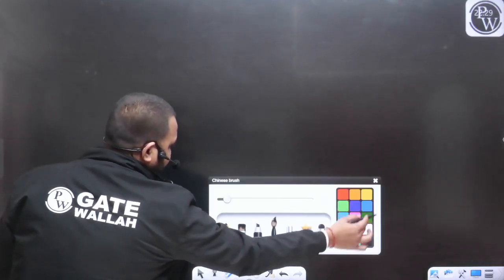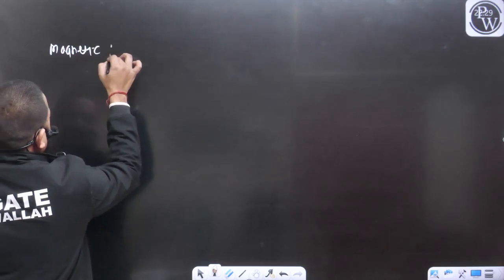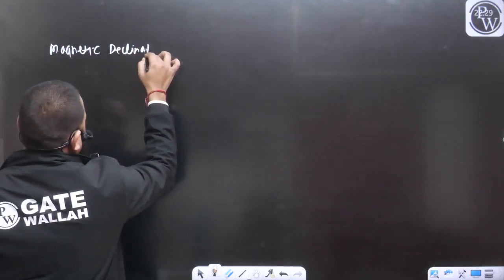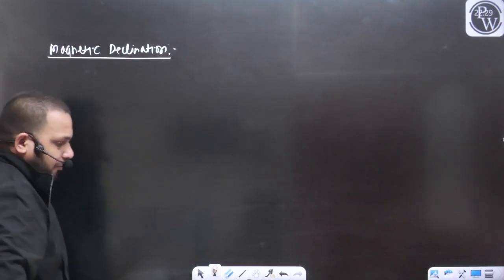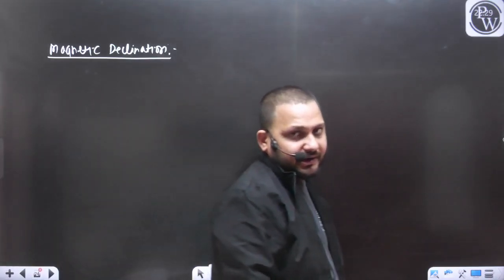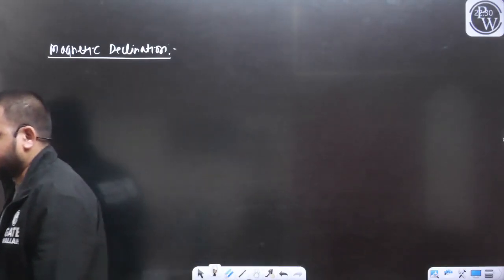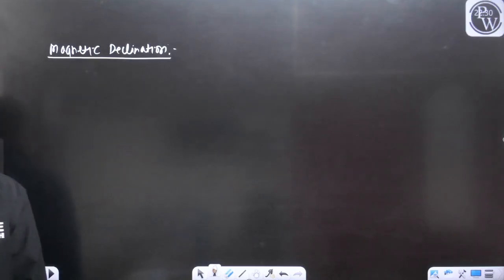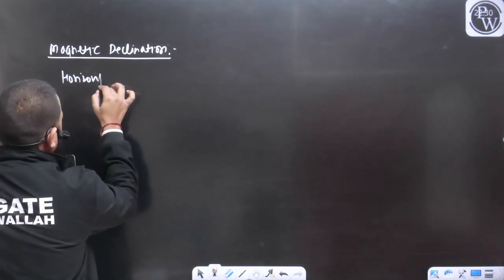Now we are moving towards the next important terminology in compass surveying. And what is that terminology? The next terminology is magnetic declination. Listen carefully. First of all, let's understand how we can define this term magnetic declination.